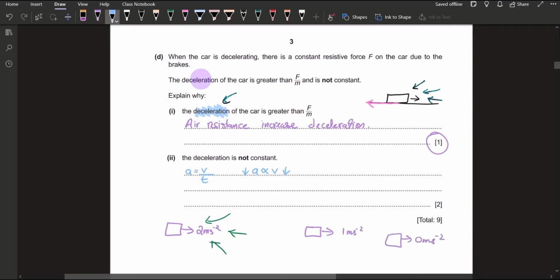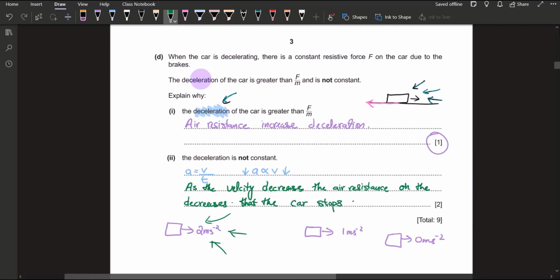So that's why we can write here, as the velocity decreases, the air resistance on the car decreases. And further to explain this point, what we can add is that the car stops.